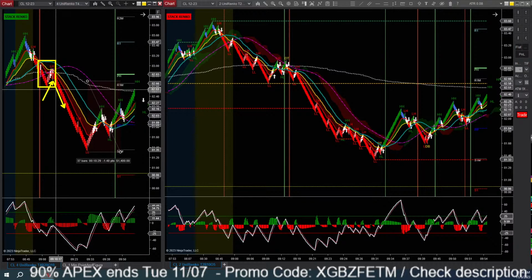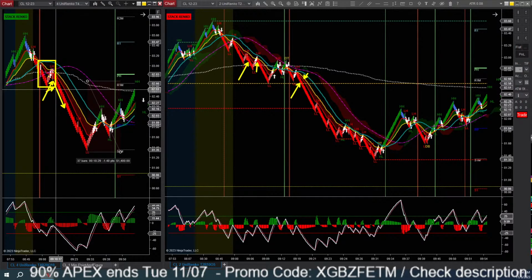So you do have lower highs, lower lows. In the trigger, you may be tempted to take this one right out of the gate, and this one right out of the gate as well. And then after 9:15, you have this break right here. Okay, so that break happens in there.